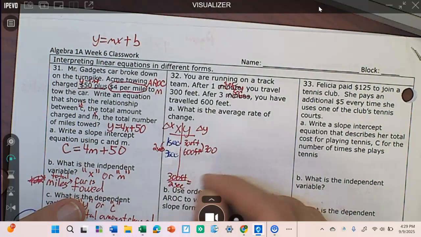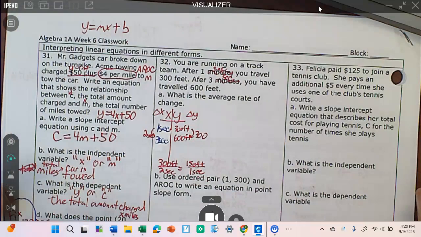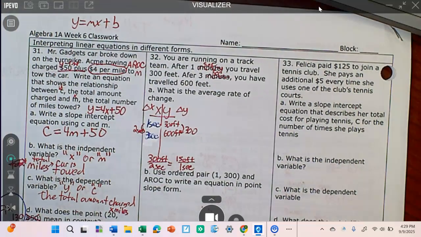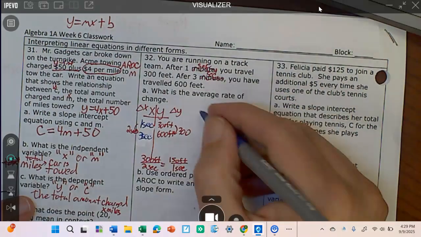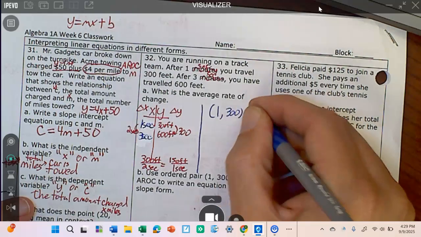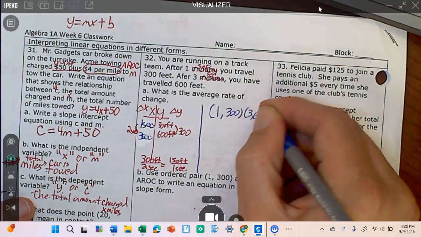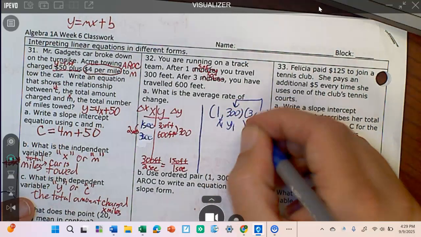That means you go 150 feet per second. Okay, option 2. You could make ordered pairs and do the slope formula. It's up to you.